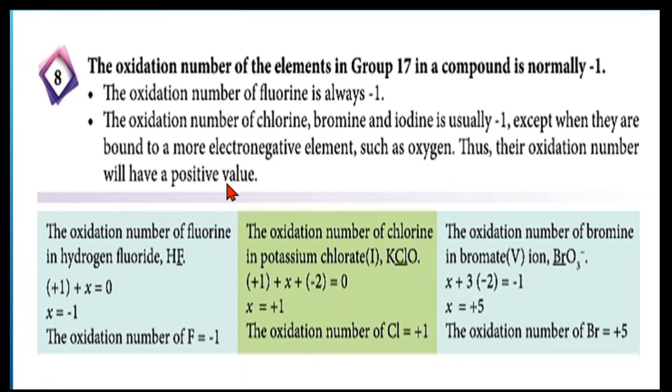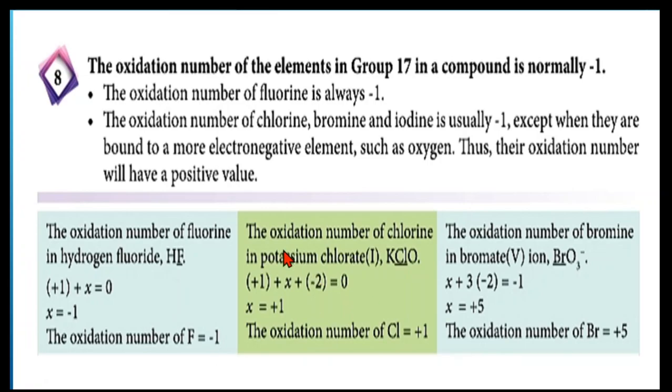Okay, ini adalah dia punya pengecualian. Contoh, the oxidation number of fluorine in hydrogen fluoride, HF. So H we know positive 1 plus X for fluorine is equal to 0. So X is equal to negative 1. So oxidation number of fluorine is always negative 1.